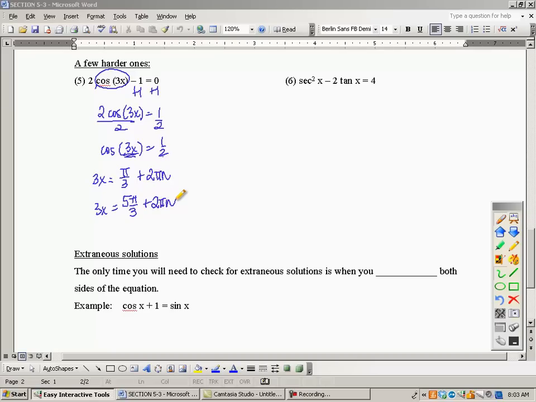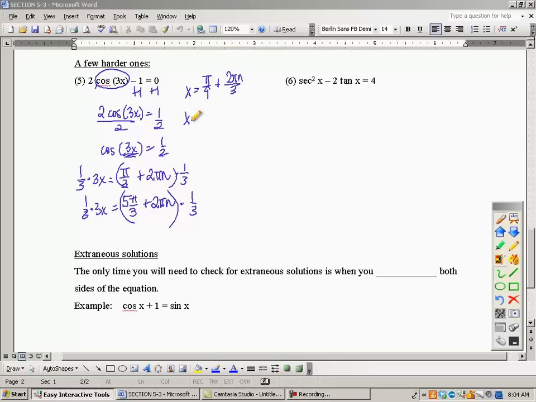And all I'm going to do now is get rid of the 3. So I'm going to multiply this side by 1/3, and I'm going to multiply my entire quantity over here by 1/3. So I get, in my first one, pi over 3 times 1/3 is pi over 9, plus 2 pi n over 3.